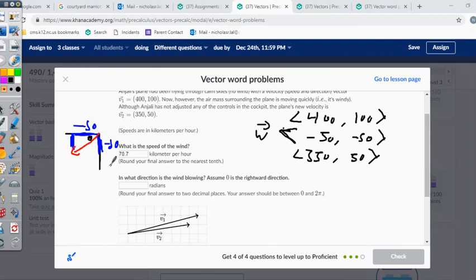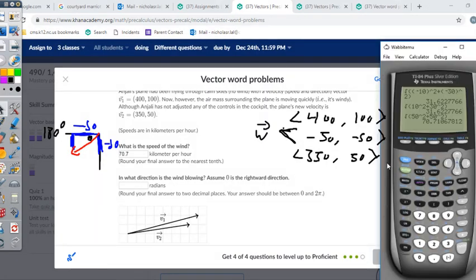Remember, this is 180 degrees right here. To find our angle, we can find the inverse tangent of negative 50, the vertical component, divided by negative 50, the horizontal component. That's going to be equal to 45 degrees.